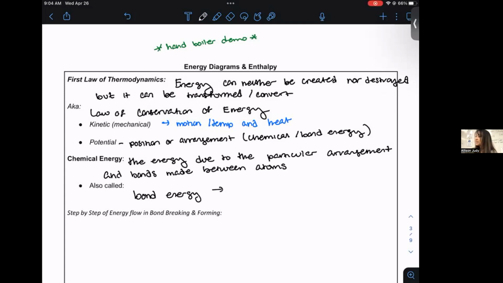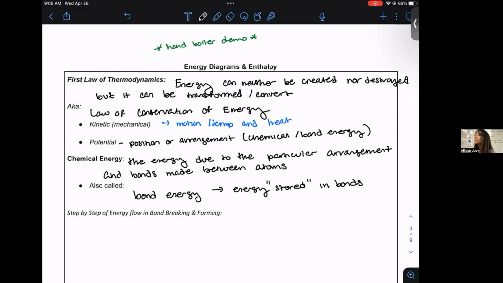Bond energy points us to the energy, quote unquote, stored in the bonds. Now, stored is not a great word, to be honest, but it's sufficient for now. It's a little conceptually more friendly.